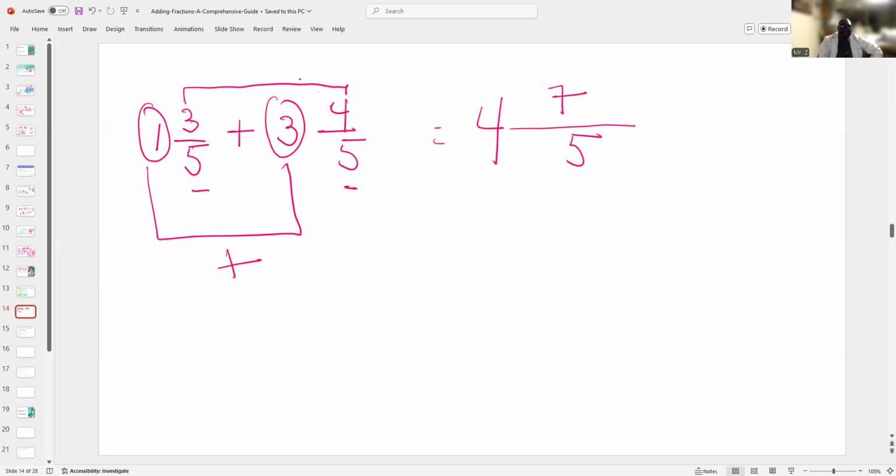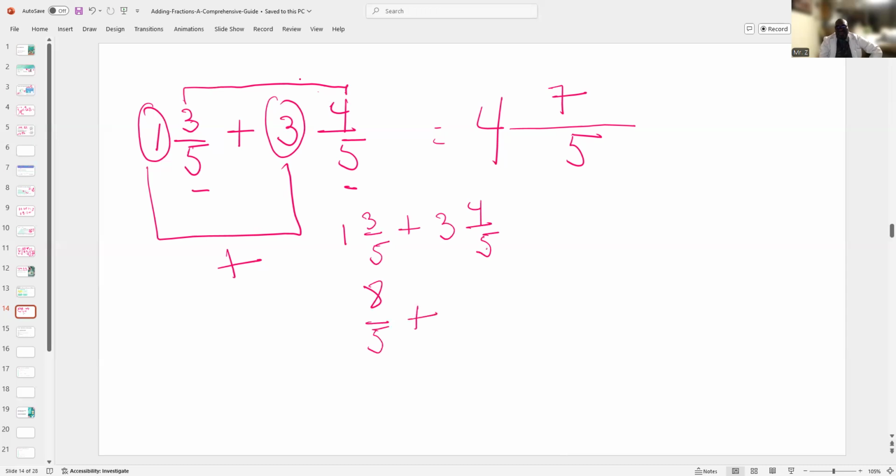Let's check if they give the same answer. We have 1 3/5 plus 3 4/5. To improper fractions: 5 times 1 is 5, plus 3 is 8, so you get 8 over 5.